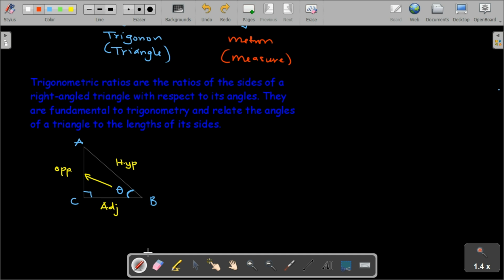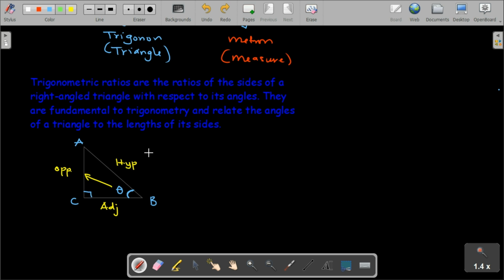All right. Now, conventionally also, it is a common practice for us to label the sides based on the angle they are facing. What do I mean? This 90-degree is facing the hypotenuse.